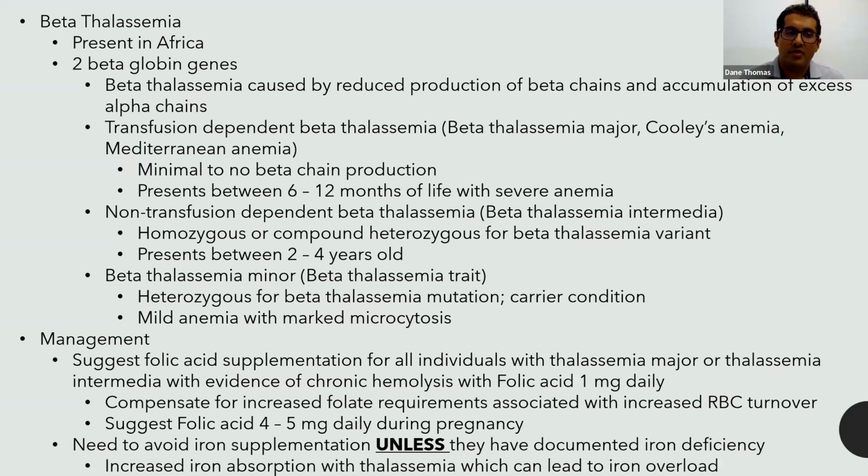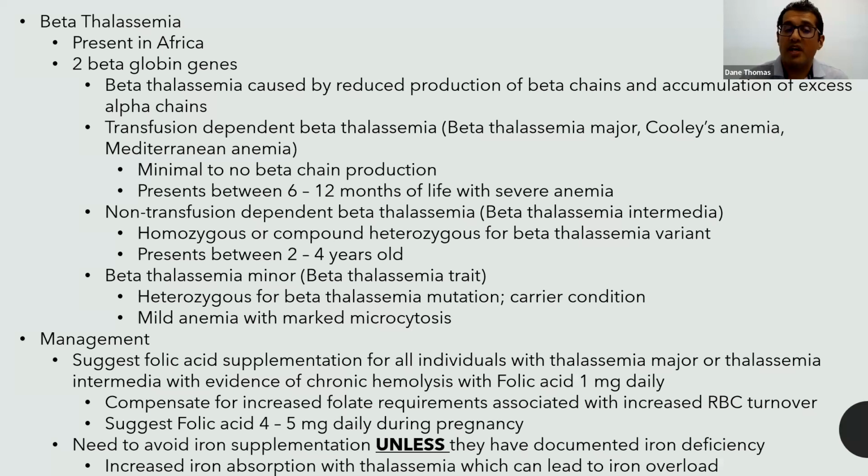In pregnancy, we actually suggest higher doses of folic acid supplementation between 4 to 5 milligrams a day only during pregnancy. There is a common misconception with thalassemia patients with the fact that they need to absolutely avoid iron supplementation, which is not true.